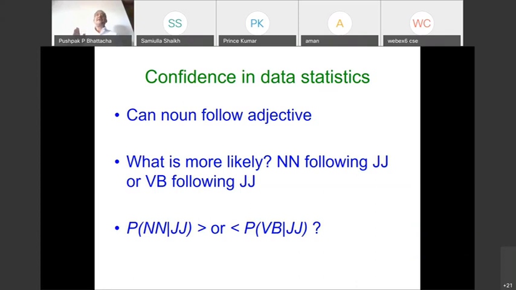And that value leads me to the language phenomenon question. What is more likely? That we obtain by looking at a sample. Can we trust that sample? So we are trying to develop the answer to this question.